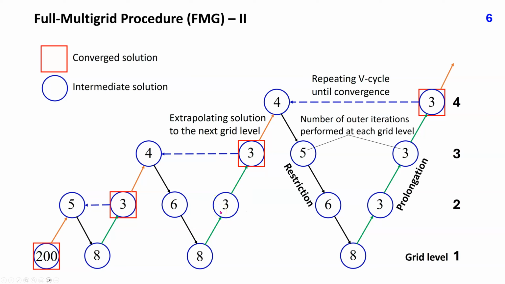The corrections from grid level 2 are then prolonged to grid level 3, where 3 outer iterations are performed. Because this is the current finest grid, another 4 iterations are performed before restriction to grid level 2 takes place, and so on. This recursive process can be continued to as many grid levels as desired.